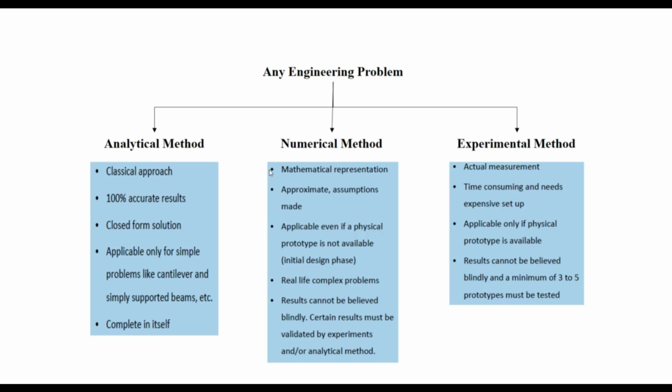It can be applied to solve real world complicated problems, whereas if we want to solve complicated problems through the analytical method, it is very difficult, and sometimes we need to approximate, and then we cannot get a fully closed form solution. The results which come from numerical methods cannot be believed blindly.